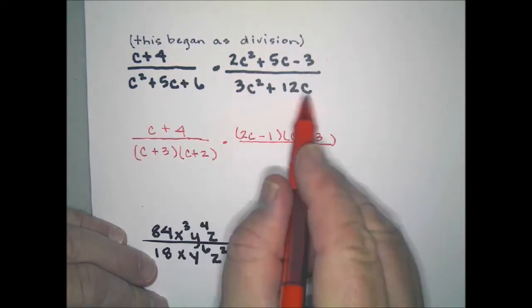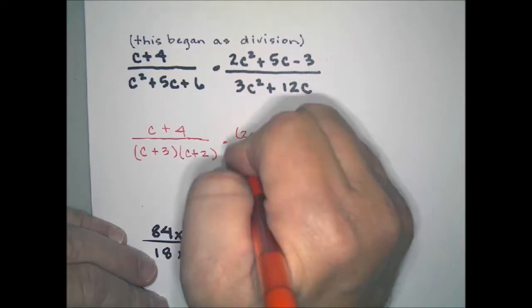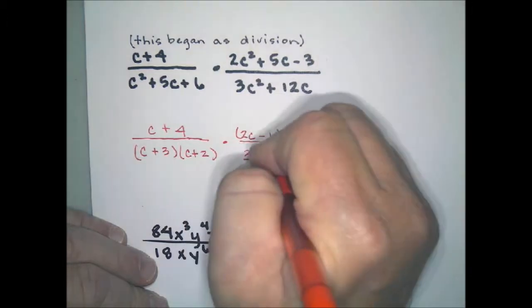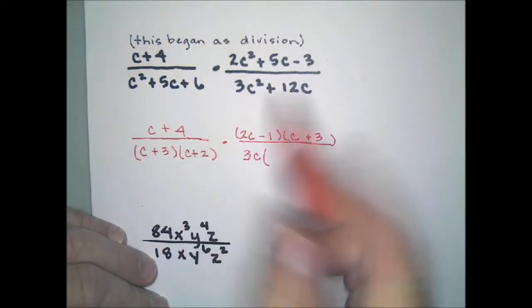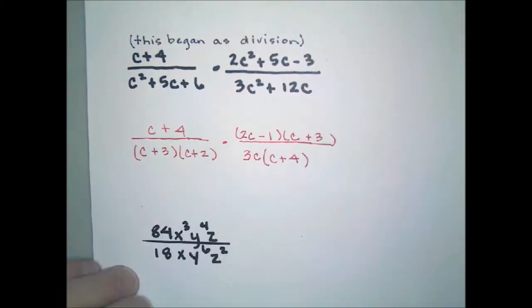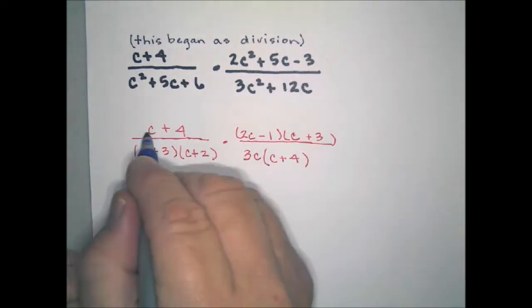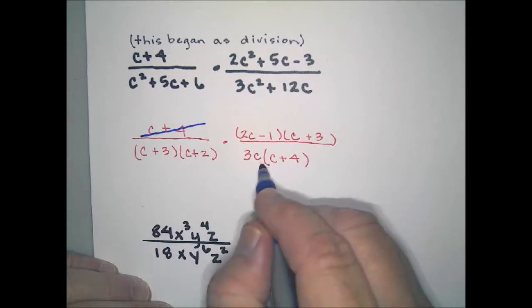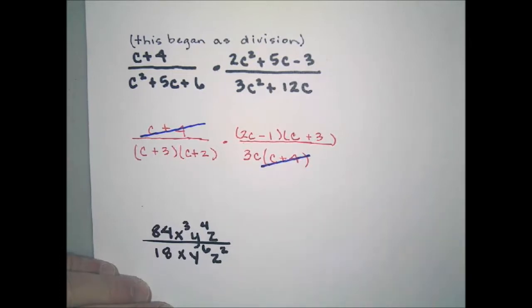Now, down here, there's another GCF of 3c. And when you factor out the 3c, you're left with c plus 4. So now everything's been factored again, and it's time to start reducing. This c plus 4 can reduce with that c plus 4.